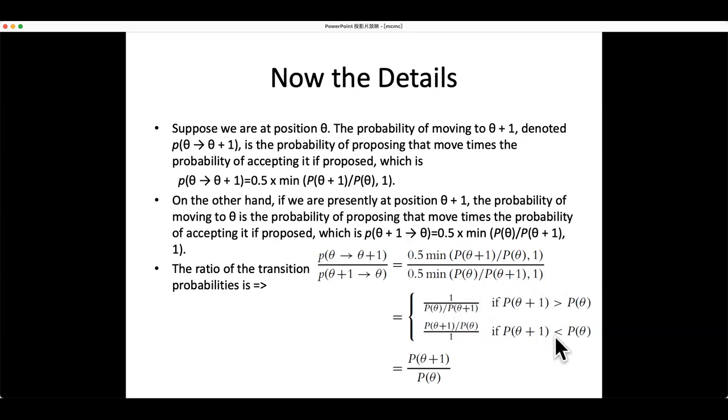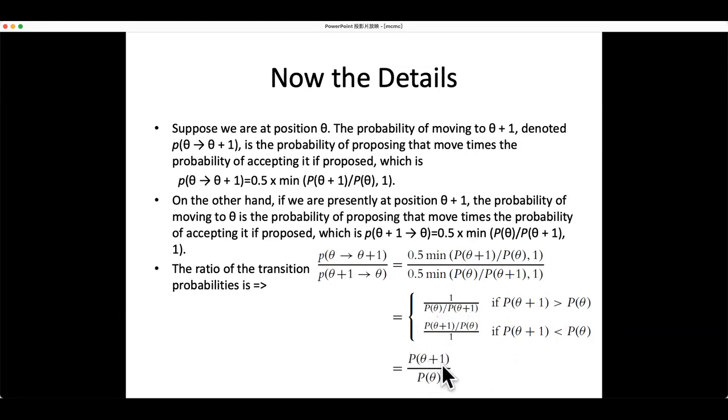And if P of theta plus 1 is smaller than P of theta, then this one remains, P of theta plus 1 divided by P of theta, and the lower one becomes 1. So it becomes this. And no matter which option you have, you're always going to end up with P of theta plus 1 divided by P of theta.